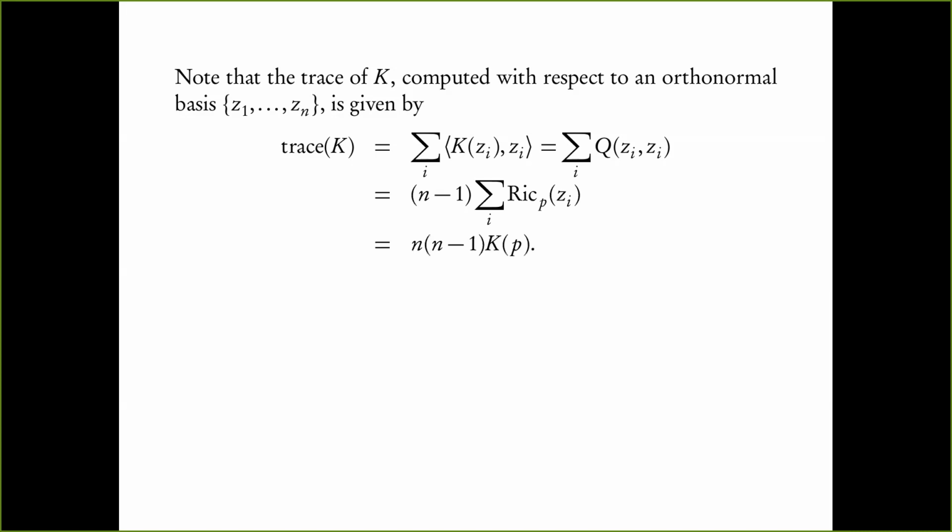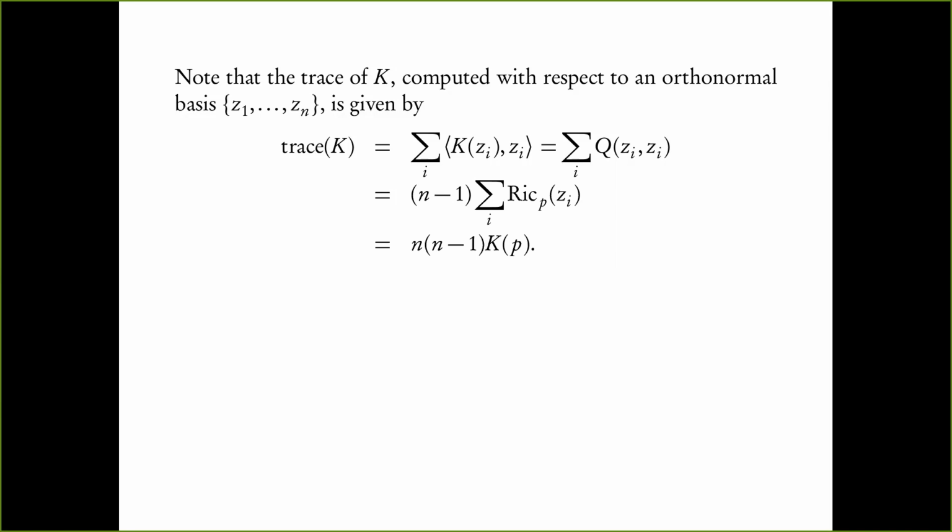So this is nothing but n into n minus 1 times the scalar curvature, because remember, scalar curvature was defined to be 1 over n of the summation of the Ricci curvatures in the direction Zi, 1 through n. So this is nothing but n into n minus 1 times K of P. Since trace of K is well defined, K of P is well defined as an abstract quantity, and the original definition is a way of computing K of P. But it's also a valid definition now, okay?